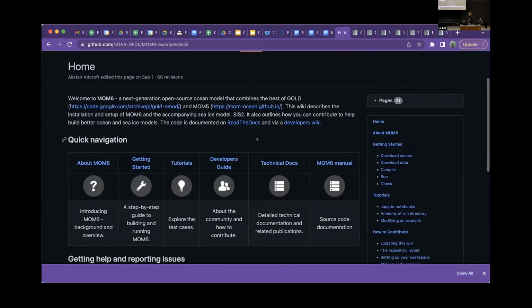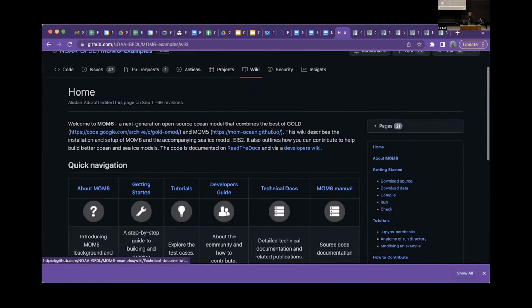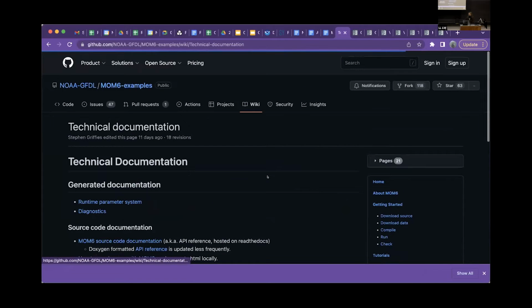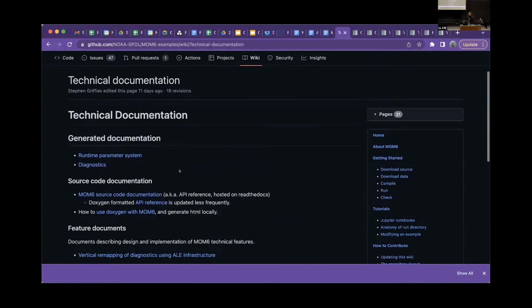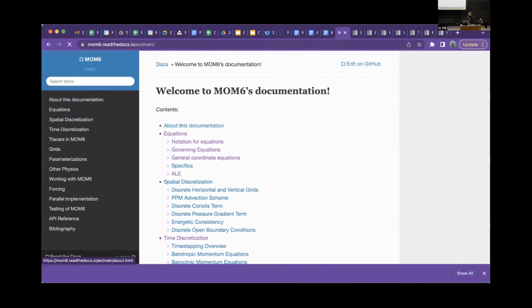That's really how the documentation gets built up, with users coming in, providing test cases and providing fixes to the technical docs or to the documentation. So then under the wiki is technical docs. And there's many different pieces here, one of which is source code documentation. And that's what I'm going to talk about now.